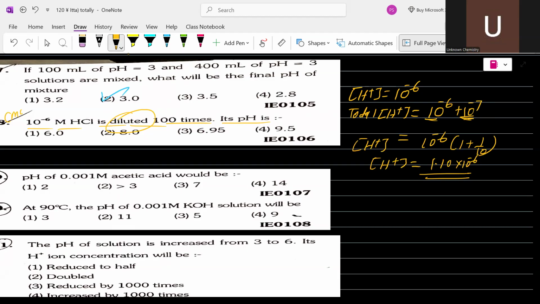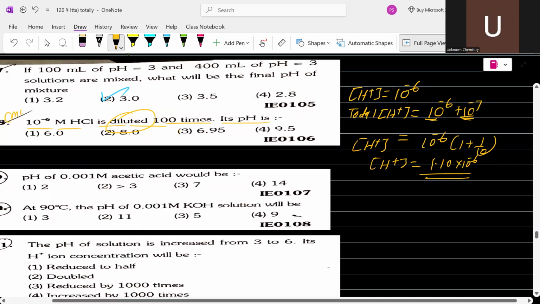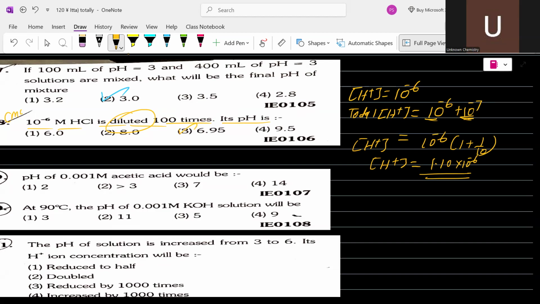Because it is diluted. Now understand one thing. The pH of this solution will never be more than 7 because it is still acidic. So pH of this solution will be less than 7 and closer to 7. That is 6.95.